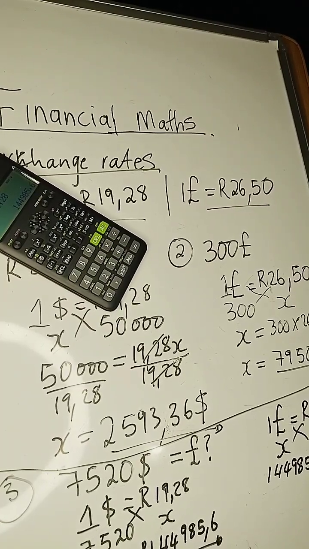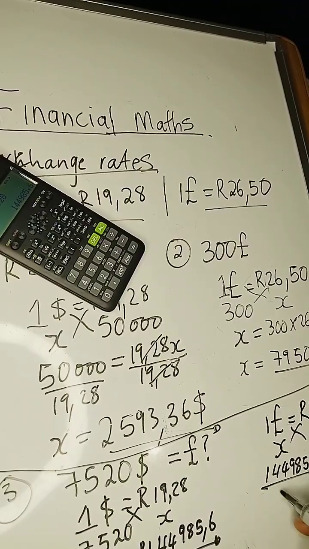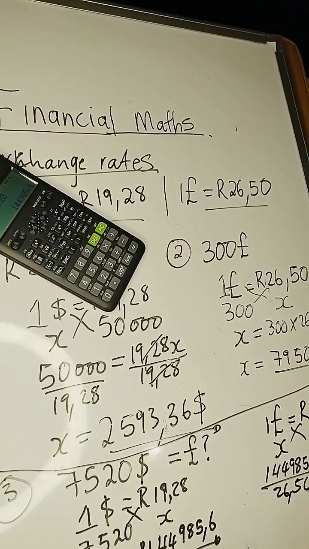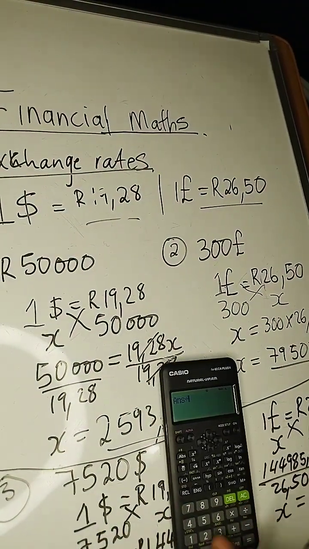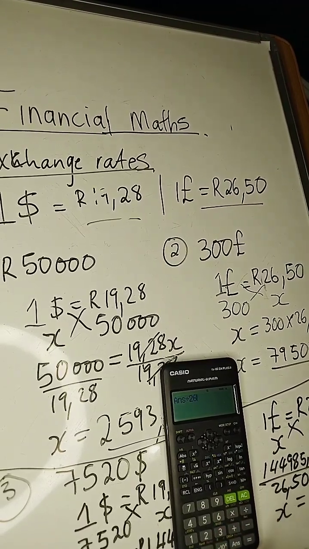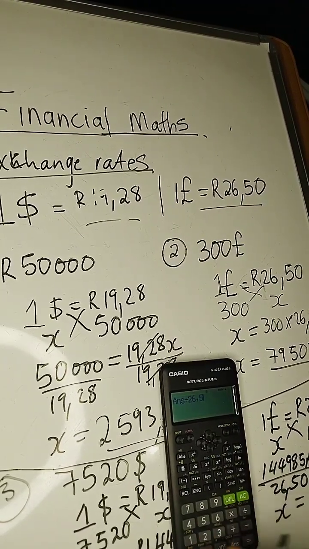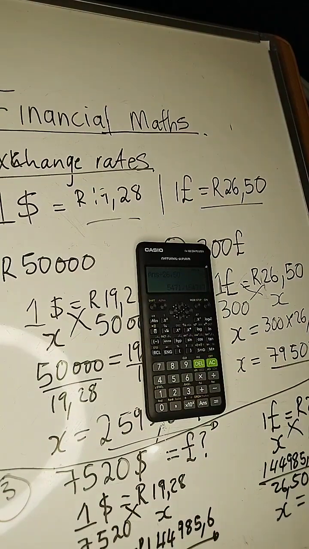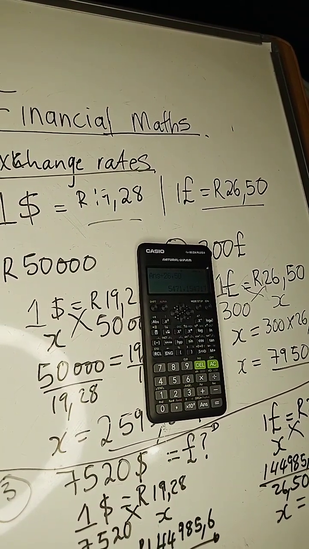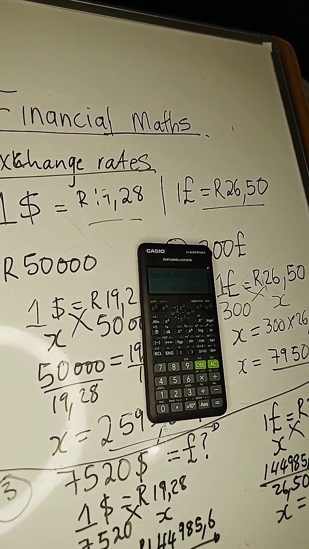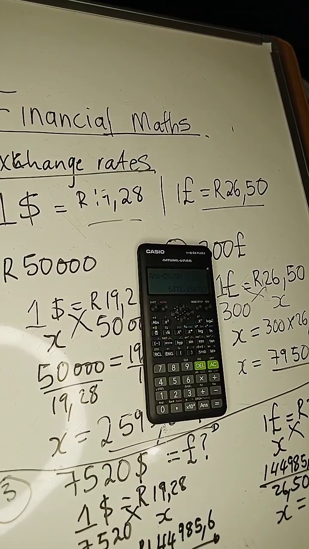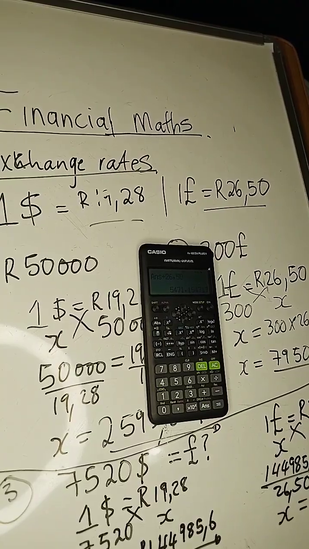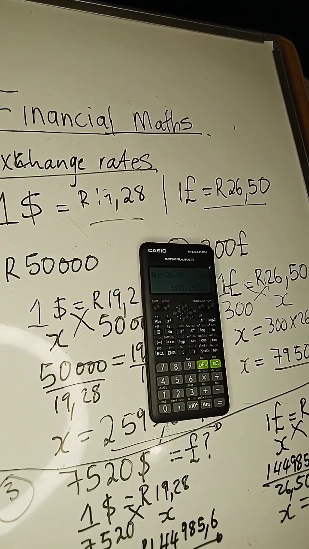Divide by 26.50. So your x will be equal to 144,985.6 divided by 26.50. Then you get your answer to be 5,471.16. These are pounds. That is how you deal with it.